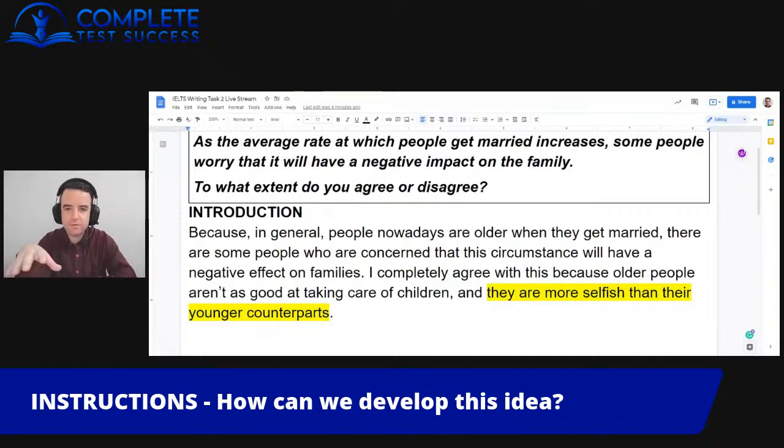I also have a question for you in that for those of you who were here at the very beginning of the lesson, when Dominic pointed out that we're comparing families of couples who get married when they're older with families of couples that get married when they're younger.